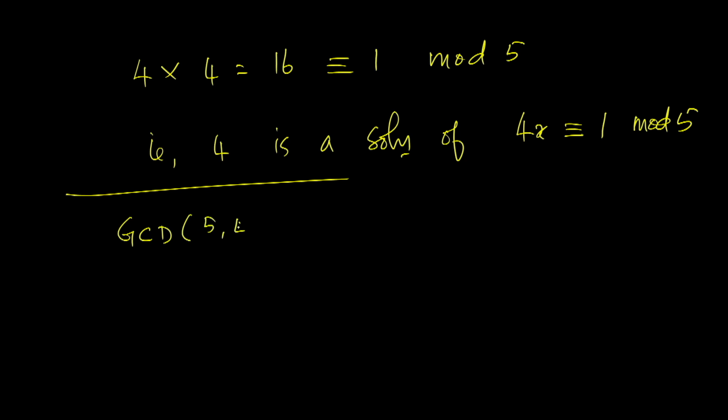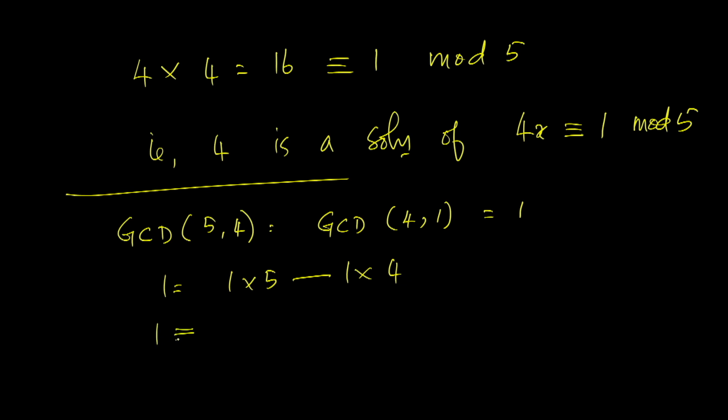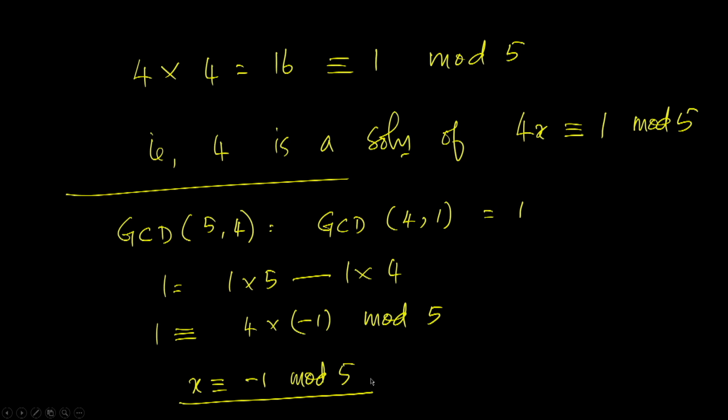GCD of 5, 4 is the same as GCD of 4, 1, which is 1. Therefore, 1 is 1 into 5 minus 1 into 4. If you take mod 5 on both sides, you have 1 congruent to 4 into minus 1 mod 5. So, minus 1 is a solution for this equation. So, x congruent to minus 1 mod 5 is a solution. But then minus 1 is congruent to 4. So, this is the same as x congruent 4 mod 5.